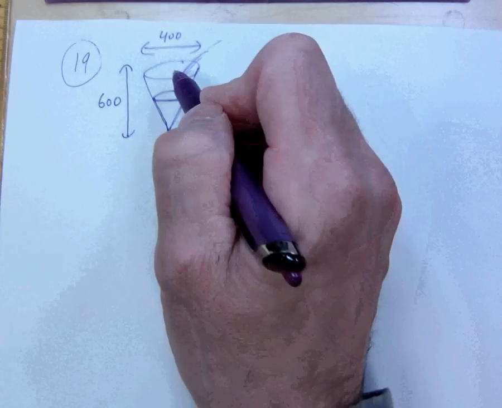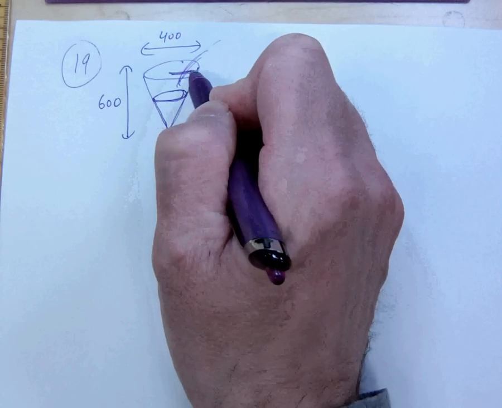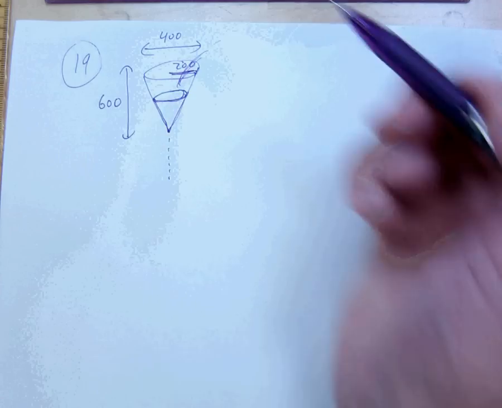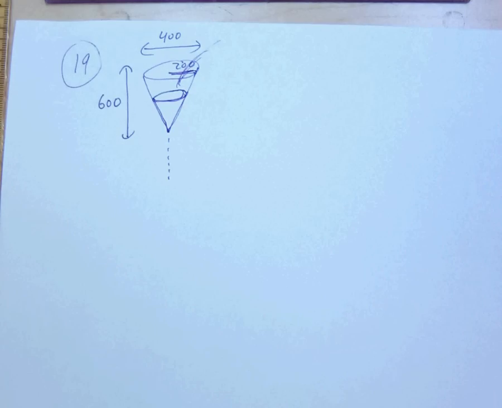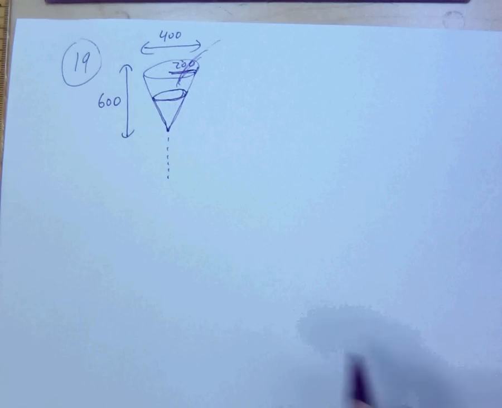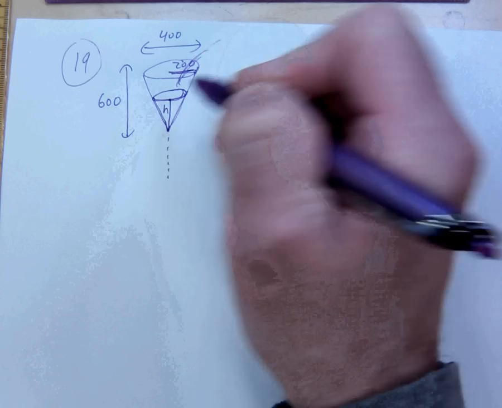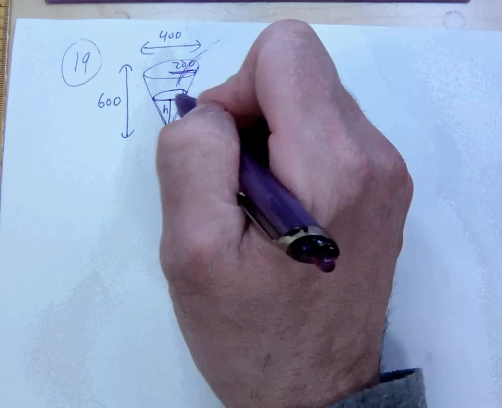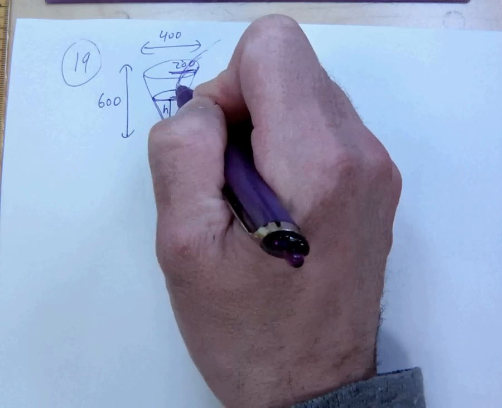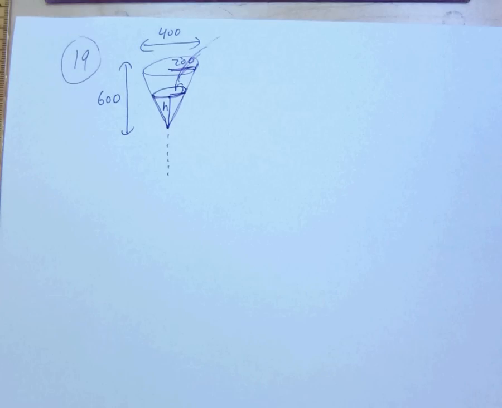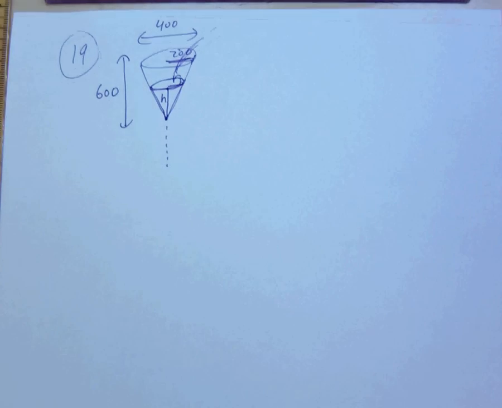Which means the radius is what? 200 centimeters, right? Okay, guys? And what's changing as the water goes in and out? Well, the height of the water is probably changing, so I'll call that H. And then the radius of the top of the water is going to probably change as well, so I'll call that R, right? Are you with me?